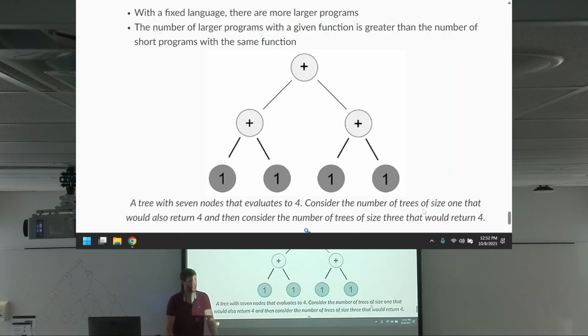Well, there's more. There's 1 plus 3, 2 plus 2, 3 plus 1, 4 plus 0, 5 minus 1. There's a lot more trees already at height 1. And then even more, and even more, and even more. So the point is, maybe more likely isn't the right word, but the point is, evolution is just happening.